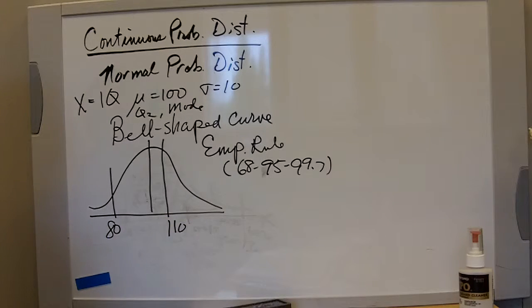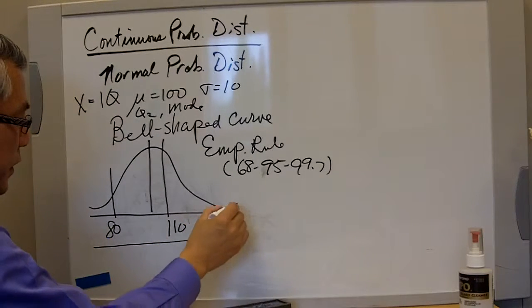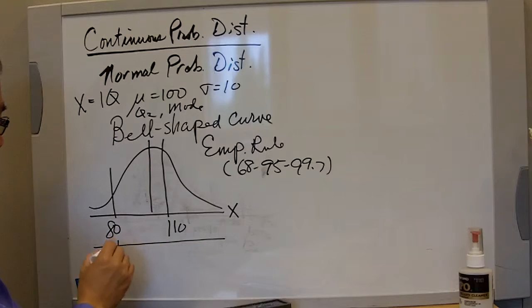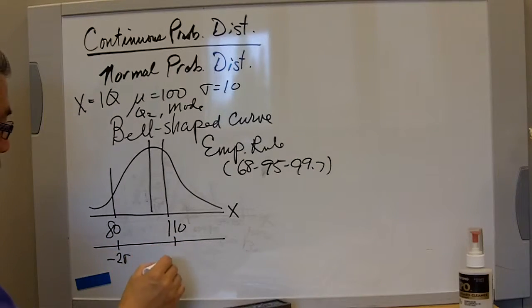Now, with our understanding of where the probabilities are, we might be able to estimate that, because 80 and 110 are respectively 2 standard deviations below and 1 standard deviation above the mean.